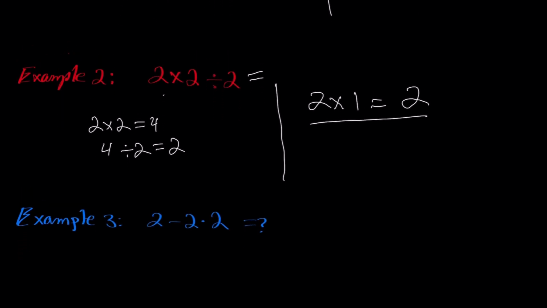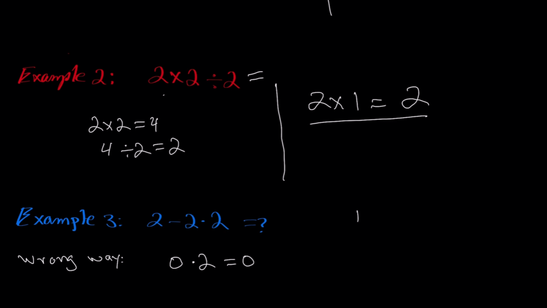The next example says 2 minus 2 times 2 equals what? Again, if you do it the wrong way, where we don't follow the order of operations, it will be 2 minus 2 is 0, 0 times 2 is also 0.